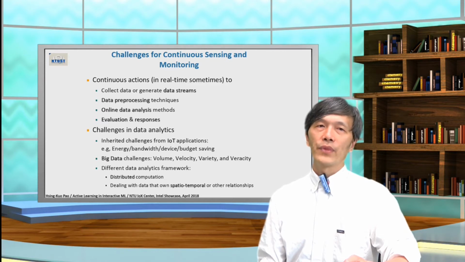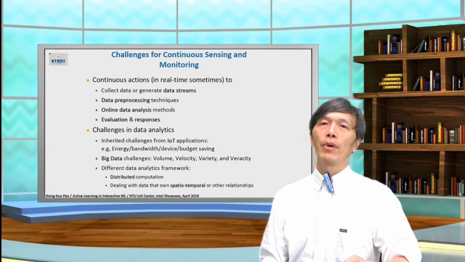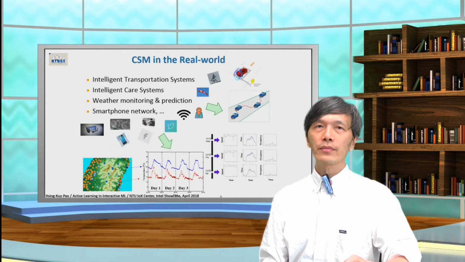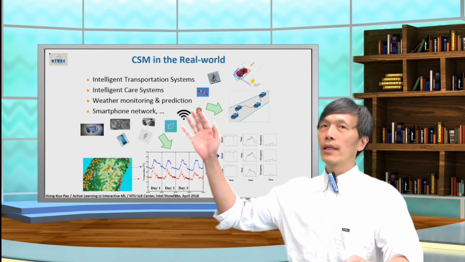And we need to think about, for most IoT-related data, that we have spatial and temporal dependency. So usually we need to pay attention to those dependencies, those relationships, so that the analysis can be enhanced.